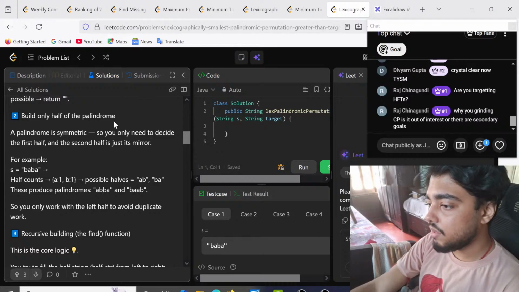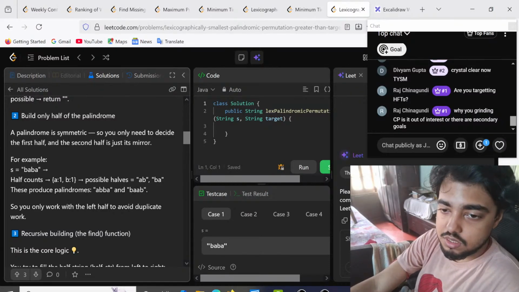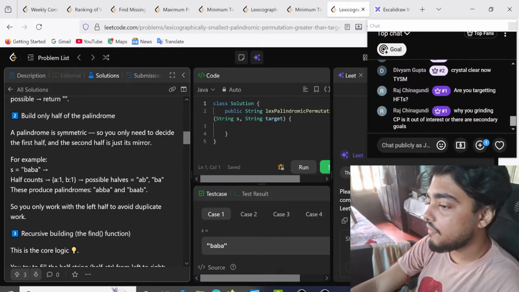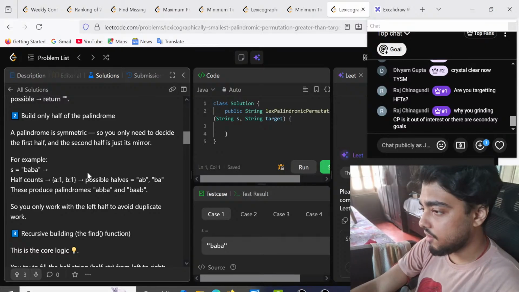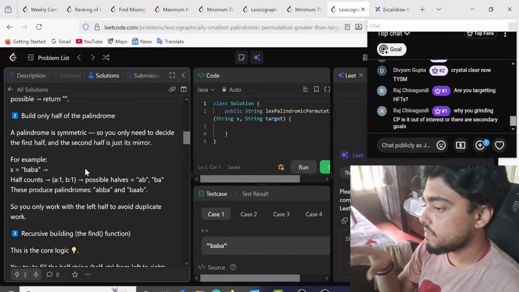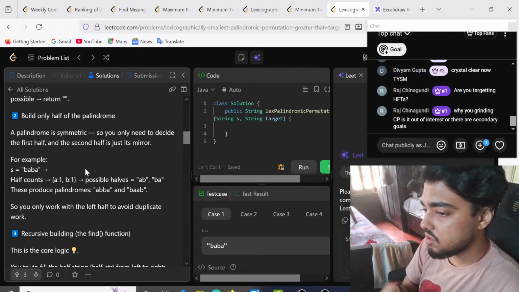Build only half of the palindrome. A palindrome is symmetric, so I just told you what this is. He's telling you to take the half count of it, not the whole count. And if there is a middle element, you can take that also, or you can remove that also.